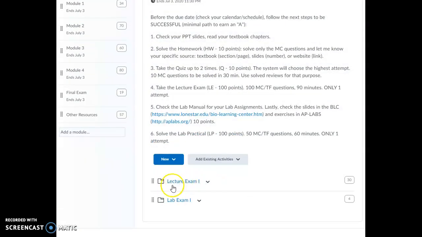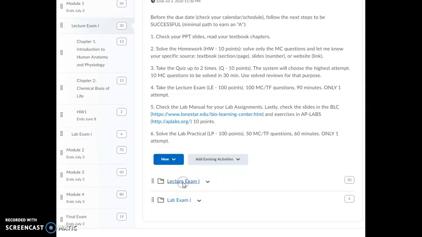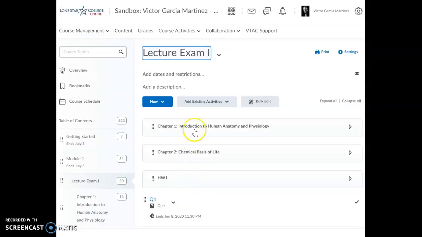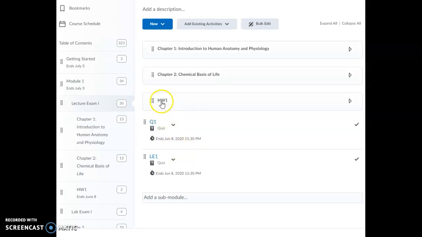You have lecture exam 1, lab exam 1, for example, and each of them has homeworks and quizzes, but you have to read first the PowerPoints for each chapter, and then you have to solve your homework and take your quizzes before taking your lecture exam.